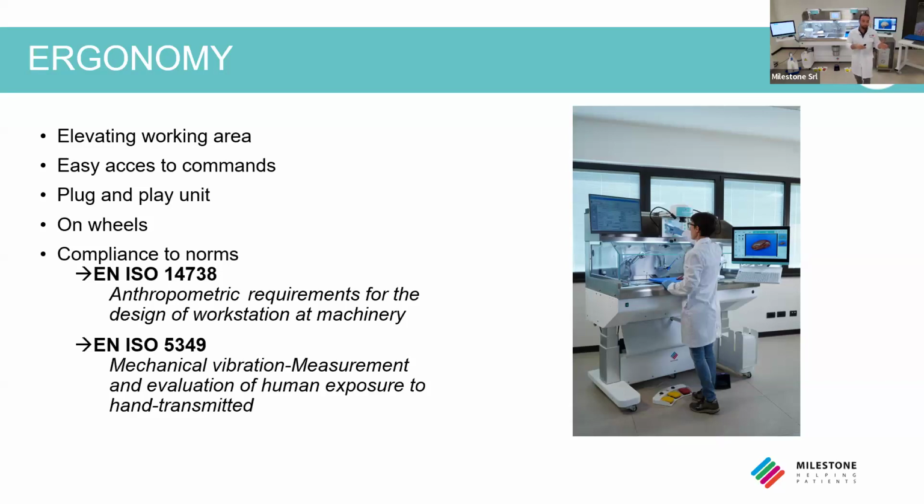Moreover, we are compliant with two particular norms, the ISO 14738 and the ISO 5349, which regulate the anthropometric requirements for the design of workstations at machinery, and mechanical vibration measurement and evaluation of human exposure to hand-transmitted vibration. What does this mean?